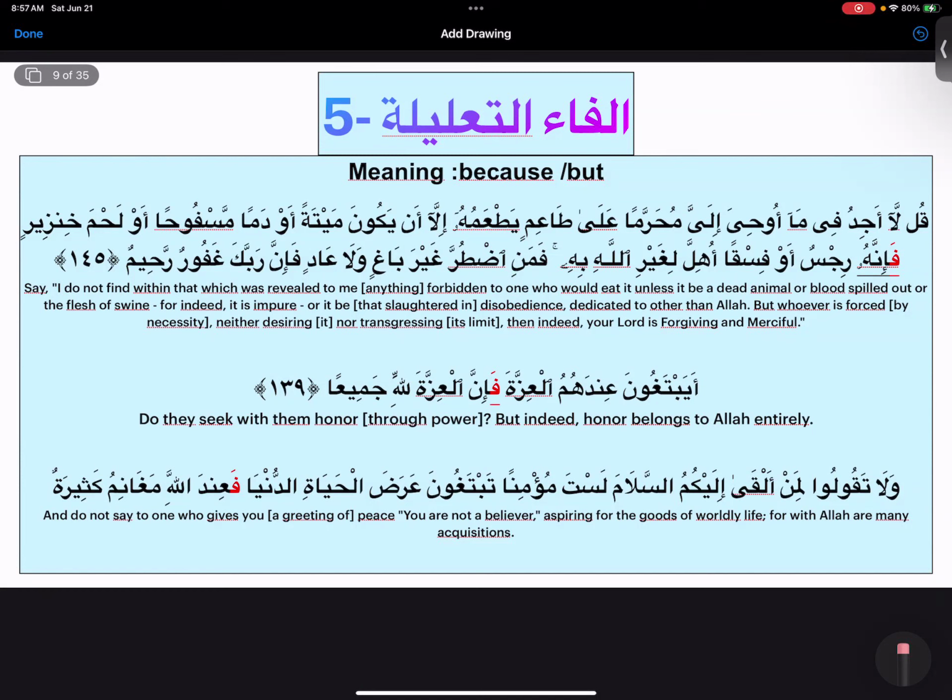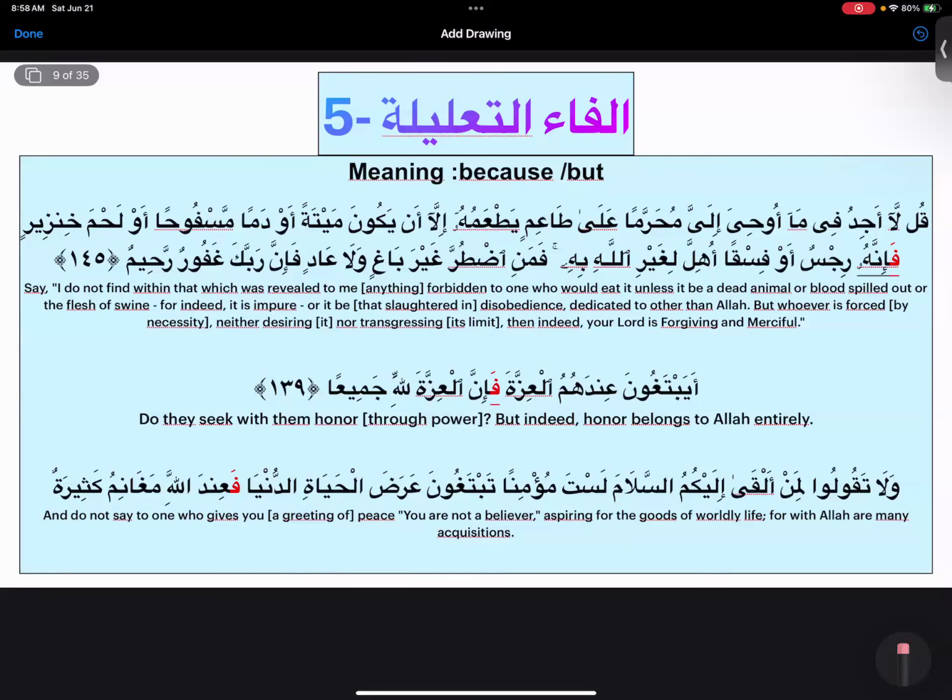And then it says fa innahu rijsun aw fisqan. So the reasoning is given over here for why we should not consume that meat: because this is rijs, Allah subhanahu wa ta'ala is saying. So that is the example of taliliya.